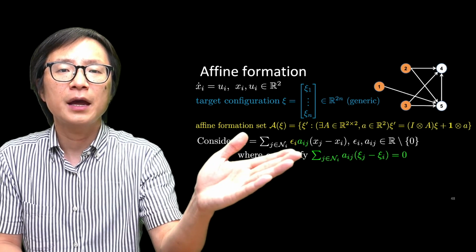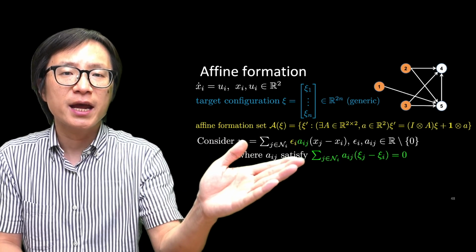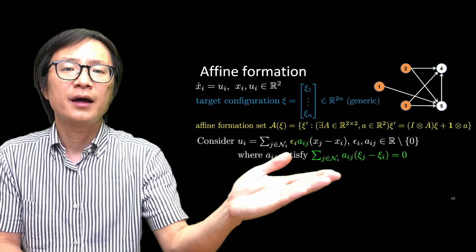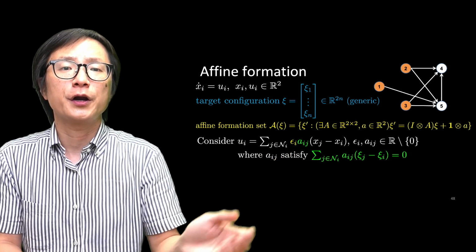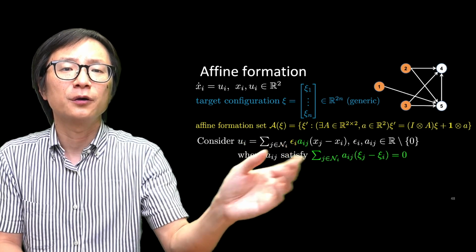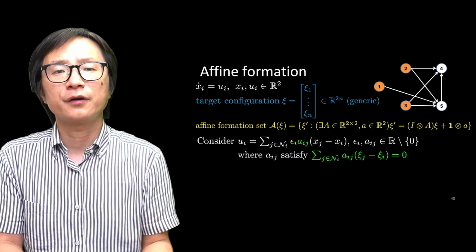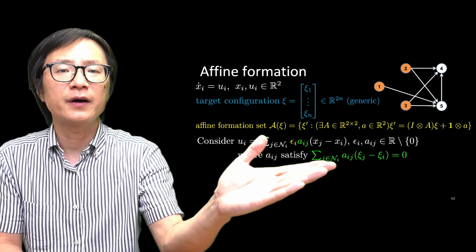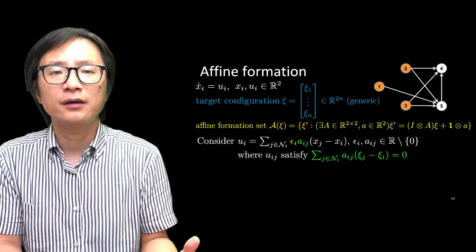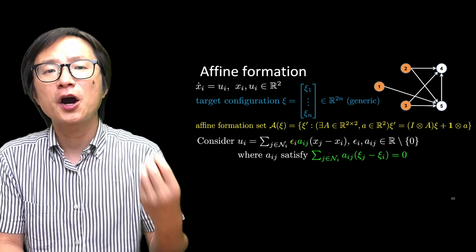In particular, this epsilon i is a non-zero real number, and aij is also a non-zero real number that should satisfy this linear equation, which is a real linear equation involving the two-dimensional relative positions of the agents in the target configuration.